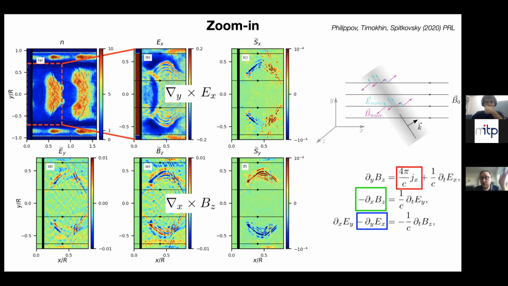And since you have a curl, you give rise to magnetic field. And this is what produces your electromagnetic waves. On the right panels, you see the Poynting flux. So there is equal Poynting flux escaping and going back towards the star from these waves that are produced by the oscillating plasma in the electric field.